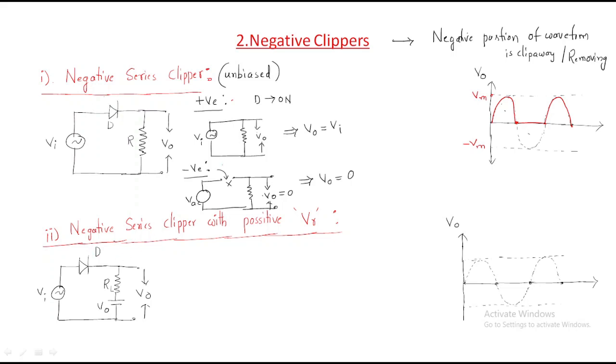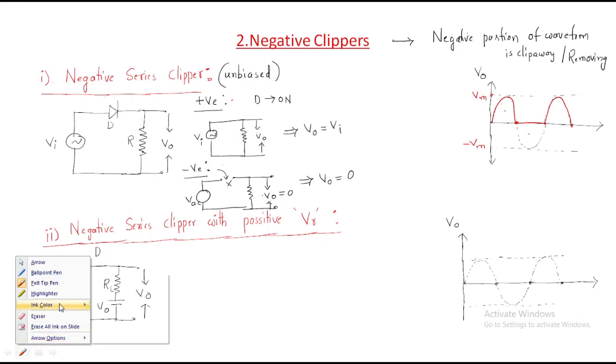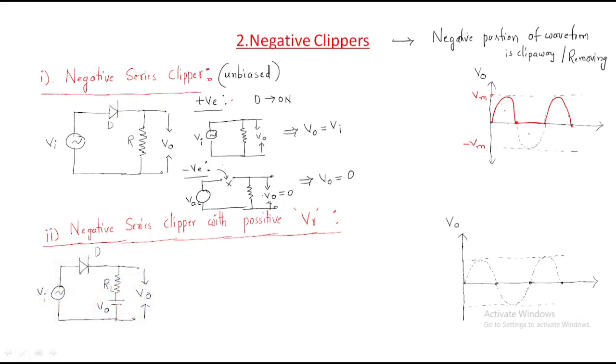Next type, negative series clipper with positive VR. If we are using a positive VR, look here. This is not V0, this is VR. VR means reference voltage.